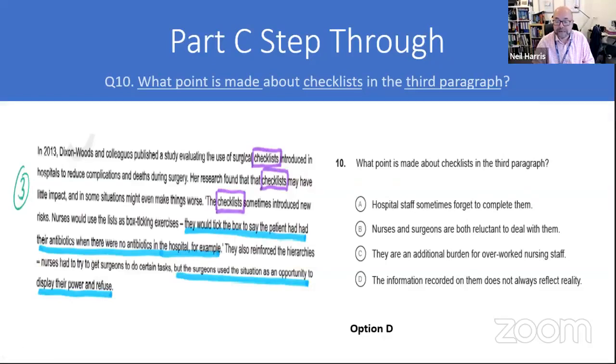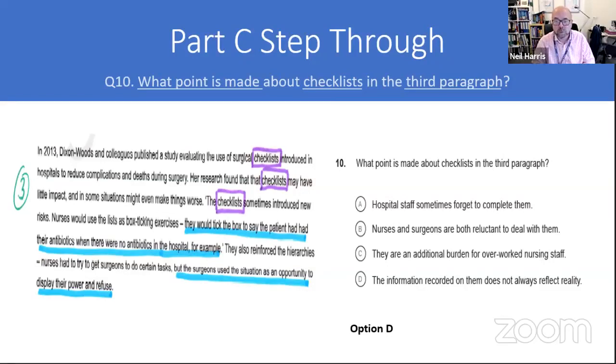Please remember, and it comes back to my point of earlier, every part of the text needs to be in the correct option. So B, yes, you're right. Nurses and surgeons are both involved. Here we have the nurses, and we also have the surgeons mentioned. And this is a kind of distractor.